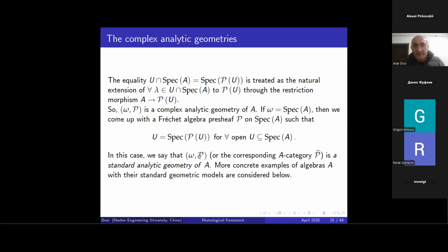That's the meaning of the previous definition when omega is spec. In this case, we say that this couple is a standard analytic geometry of A, or you can treat it like a category corresponding to A. So you will see more concrete examples of A with the standard geometric modules.